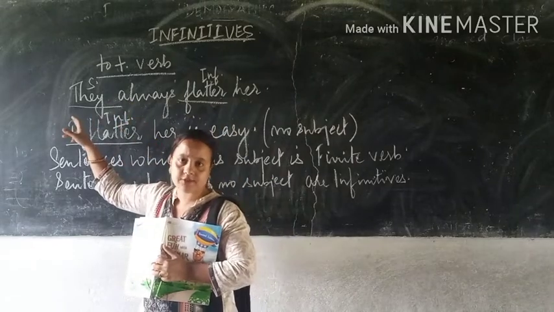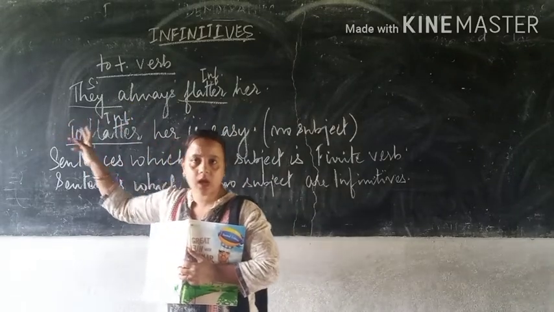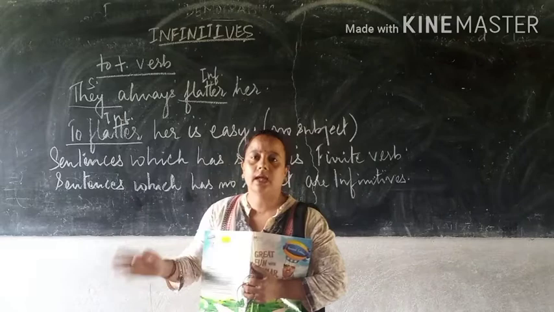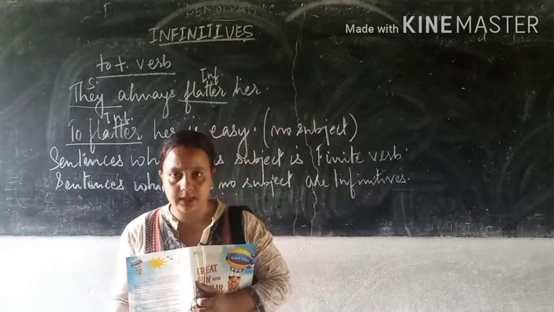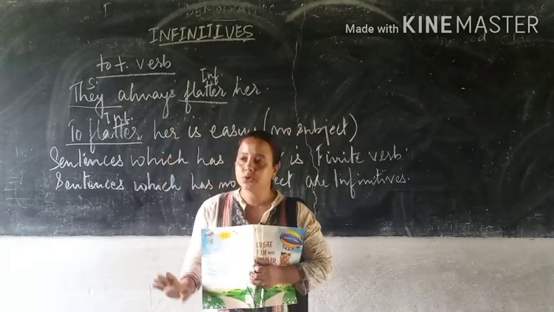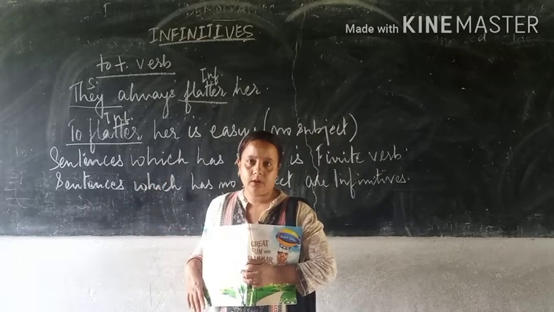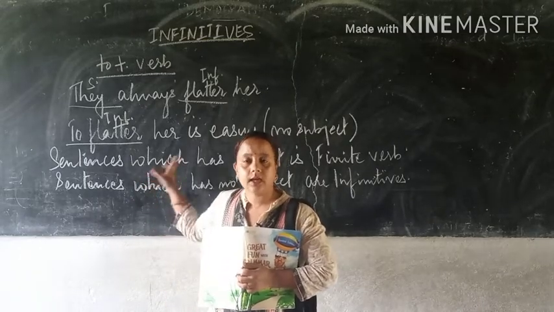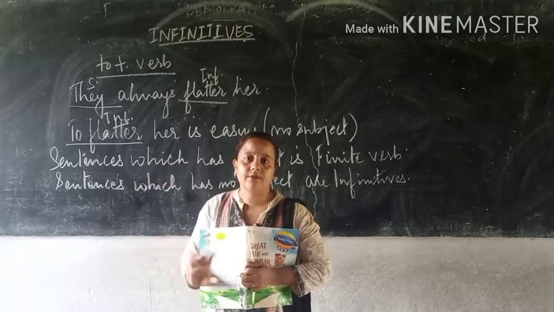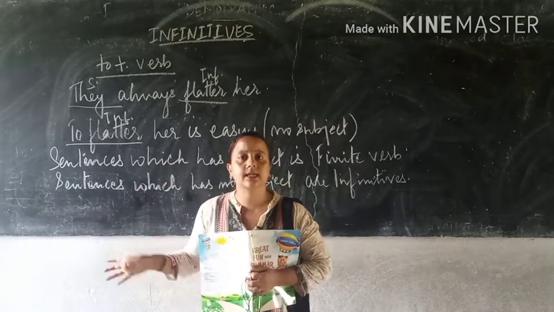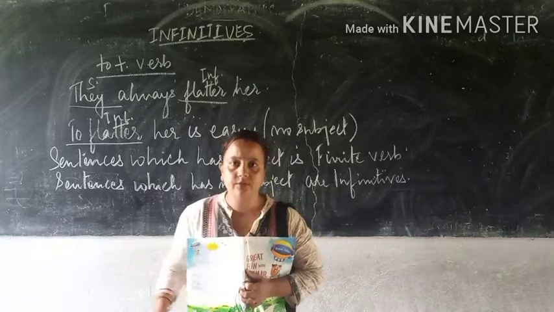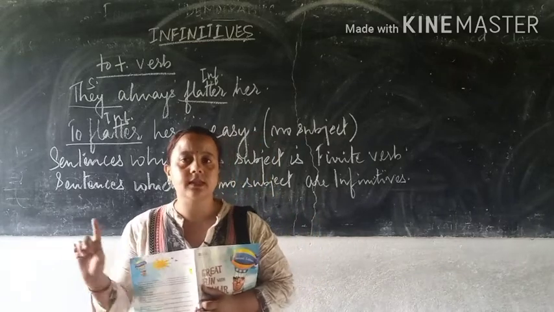That also is a finite verb sentence because Ram is a person, a number that can be counted. Usually, countable comes in a finite verb. But in the second sentence we will never find a subject. So those sentences come under infinitive, where we are using to plus verb.